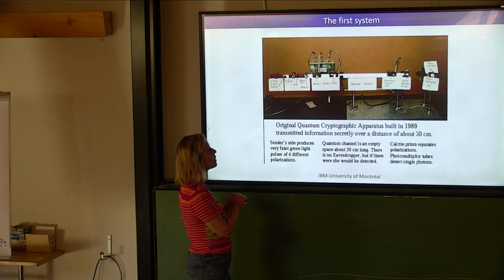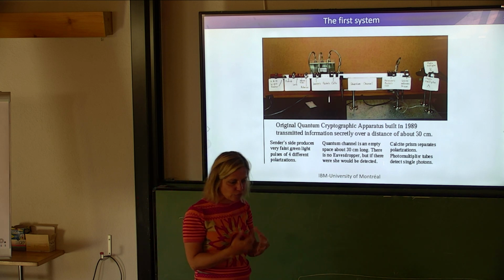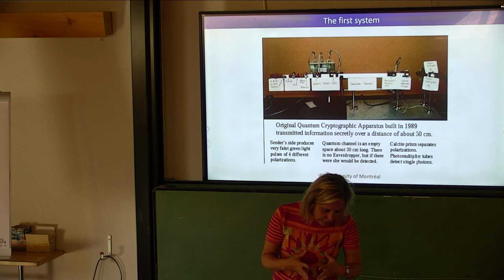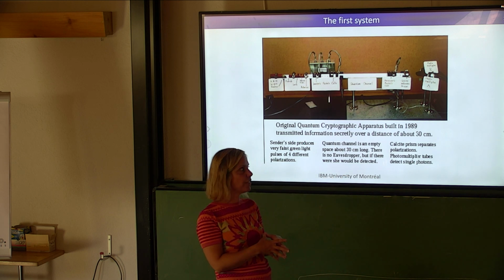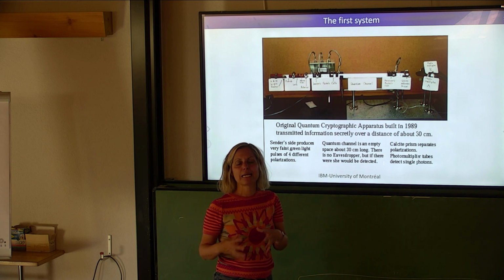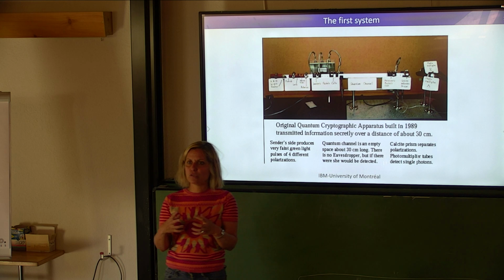But it shows that there is a big gap between what you do in theory and what happens in real life. There are lots of efforts today everywhere in the world to systematically go through the different attacks, the practical security of QKD systems.